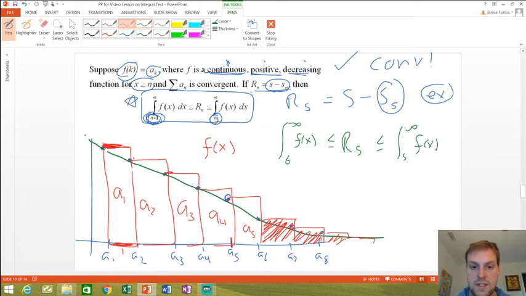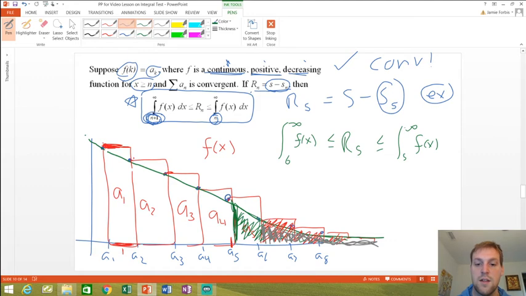So if I were to take the integral starting at 5 to infinity, this area right here, or take the area from 6 to infinity, I'm saying that my remainder value is somewhere between those two areas, which may be hard to tell, but it kind of makes sense.